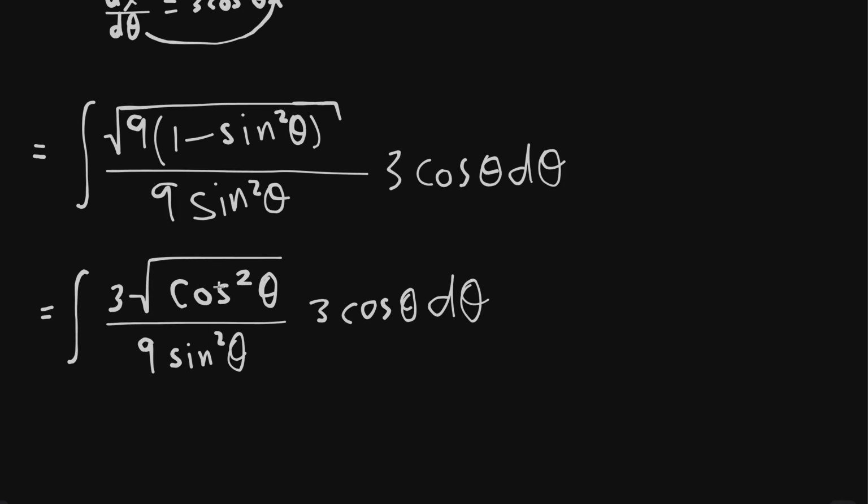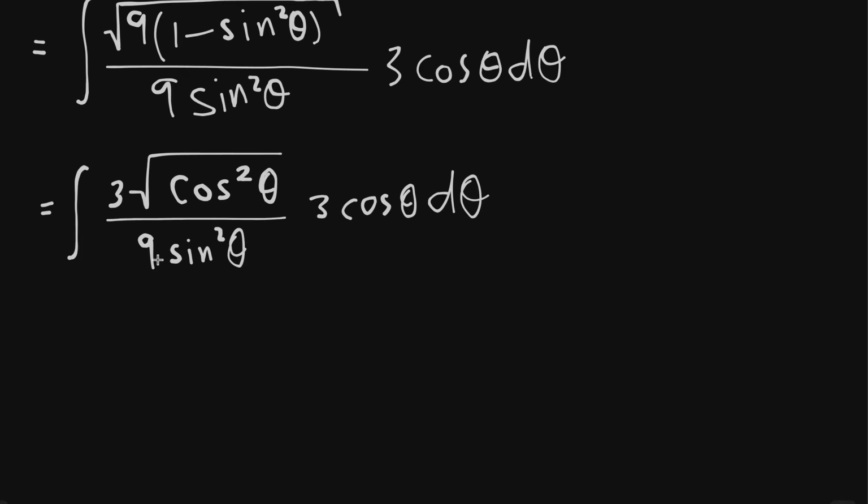Okay, so that square root and the cos squared are going to simplify, and so is the 3 and the 9. The 3 and the 9 is going to be a 1/3. And actually, if you have a 1/3 here, that's going to cancel with the 3 here, so all of these constants actually cancel out. So let's get rid of those, and we'll also get rid of the square root.